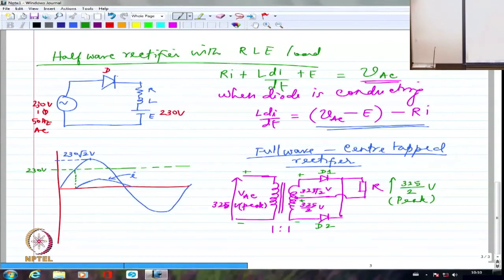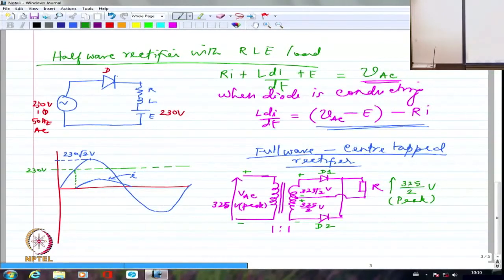So I'm going to have the entire 325 volts with negative here and positive here coming up across the diode, which is not conducting. That is coming in inverse form, that is minus here and plus here. So the diode will not be able to conduct, all right, but the amount of inverse voltage or reverse voltage that is coming across the diode will be not V by 2 but full V.